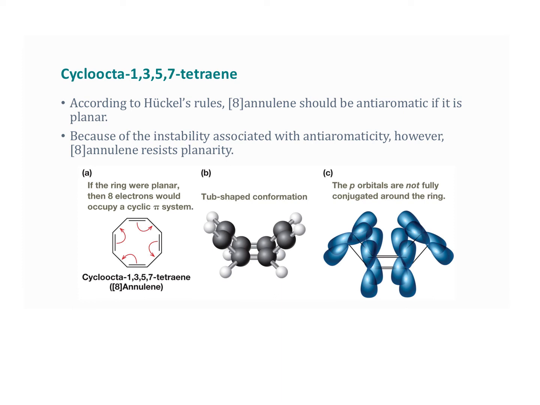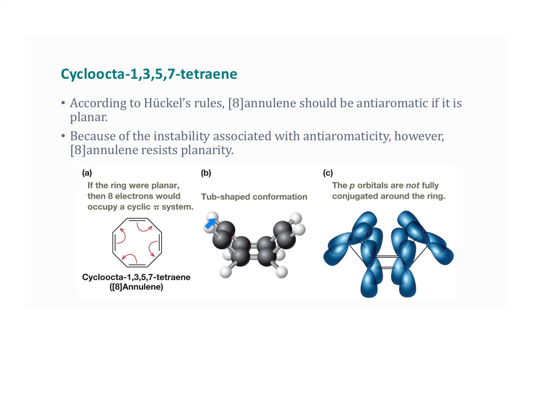But because of the instability that's associated with that anti-aromaticity, [8]annulene really resists being planar. And so the ring's large enough and flexible enough that it allows the molecule to become non-planar. It kind of bends up. And so this is called a tub shape.